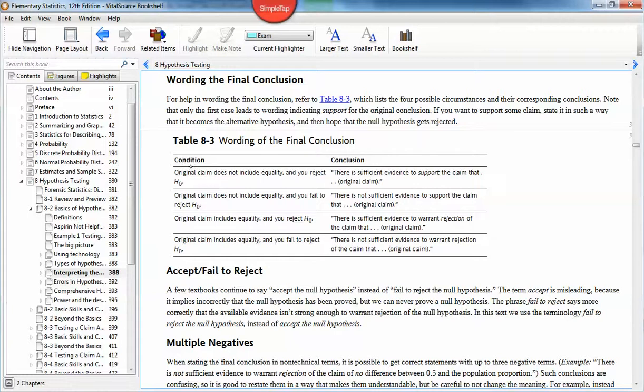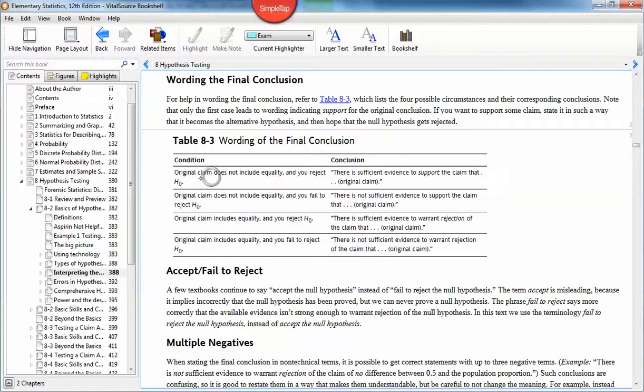It's really going to depend. First, you have to see, does your original claim include equality or not? If your original claim does not include equality, then it's going to be one of these two here. If your original claim does include equality, meaning it has an equal to in it, then use one of these two here. Then, did you reject or fail to reject the null hypothesis?